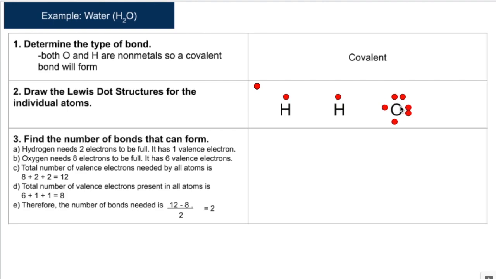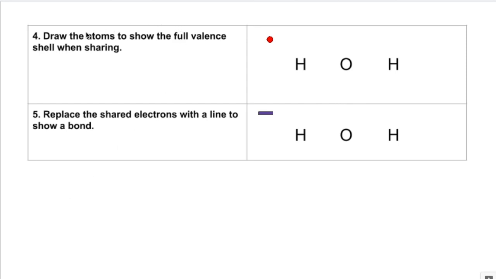And so oxygen has 6 and the other oxygen would have 6. They have 2 unpaired electrons, so they would actually have 2 bonds between them. So they would be a double bond for that covalent bonding. Okay, so I just wanted to make a quick note about that and why it's important to actually calculate out the number of bonds between the different atoms. Okay, so we're going to have 2 bonds.